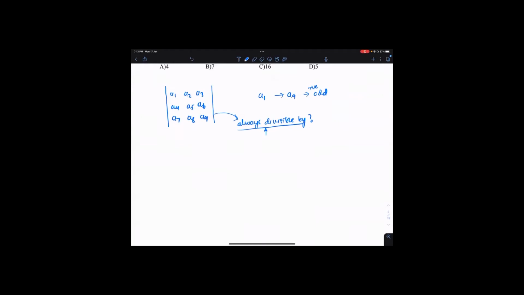So if someone is saying it is always divisible by 4, and another is saying 8, then if 8 is correct, and some number is divisible by 8, it is obviously divisible by 4, correct? But which one is the more appropriate answer? 8.